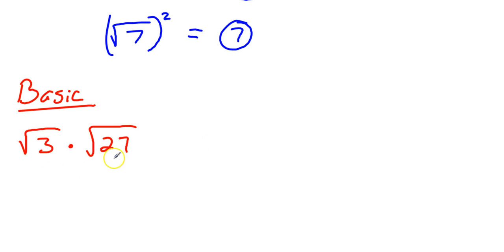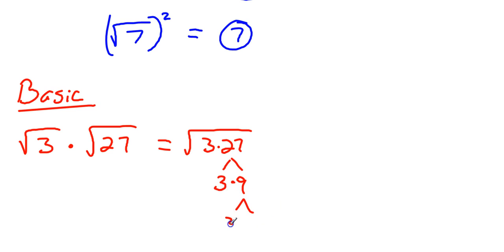Now if you put 3 times 27, it's going to be a bigger number, right? We know we're going to have to go back and break it down, so why not just start breaking it down as it is? You can think about it as 3 times 27. 27, you could break down, make it 3 times 9. 9, you could break down, make it 3 times 3.